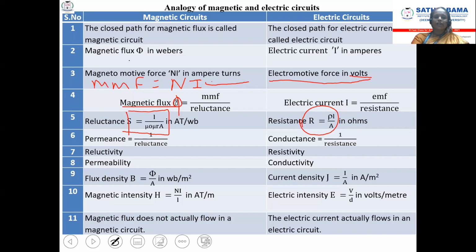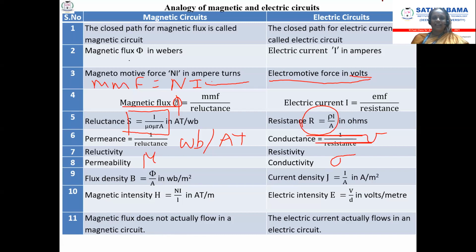The unit of permeance is Weber per ampere turn, and the unit of conductance is mho. Permeance is the reciprocal of reluctance, and conductance is the reciprocal of resistance. Here we say permeability, mu, and here we say conductivity, sigma. We have studied the relation between conductivity and resistivity. Can anyone tell?